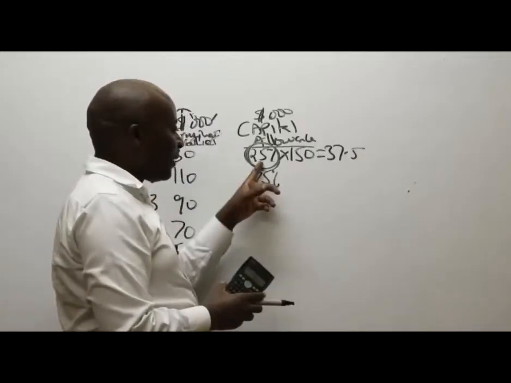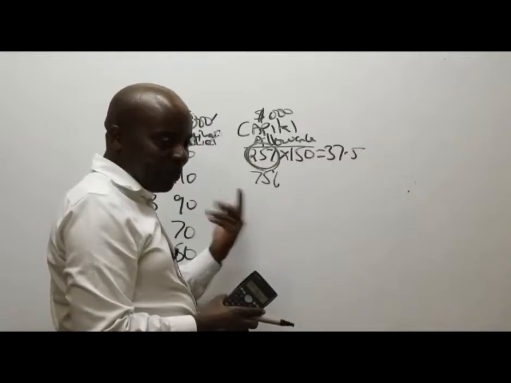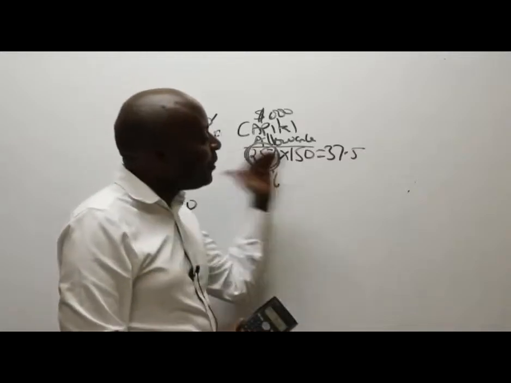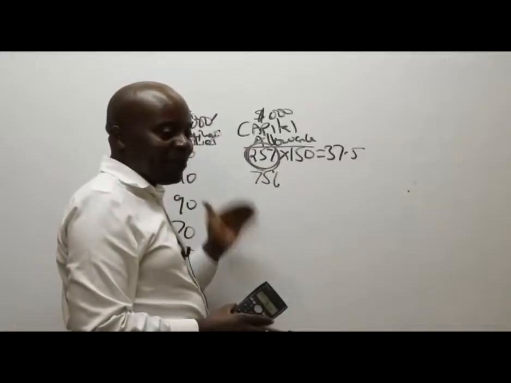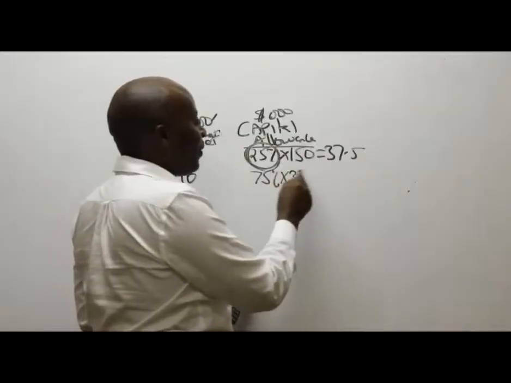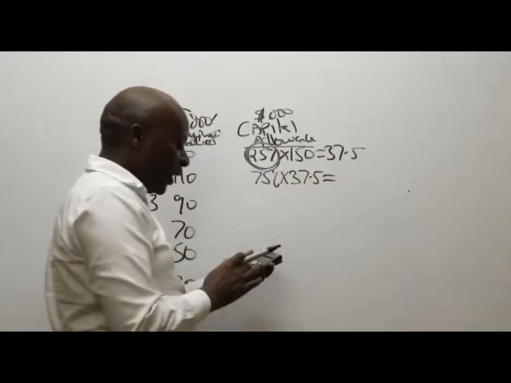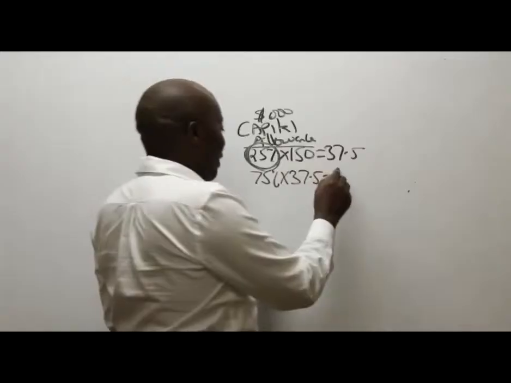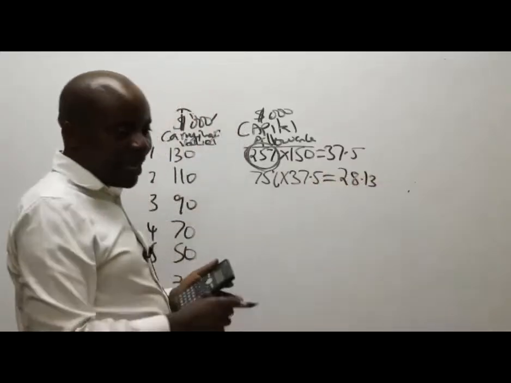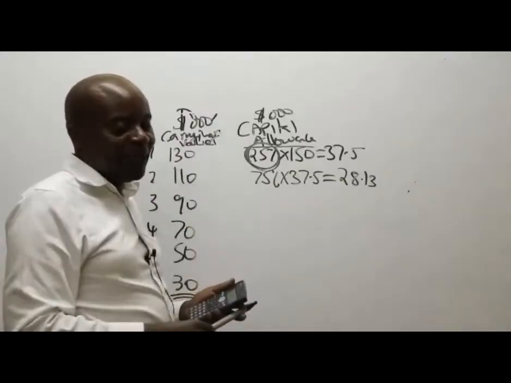You need to add 75% to this to make 100. So I'll take 75% of the previous capital allowance. So 75% of 37.5, if you do your mathematics very well, will be 28.13.